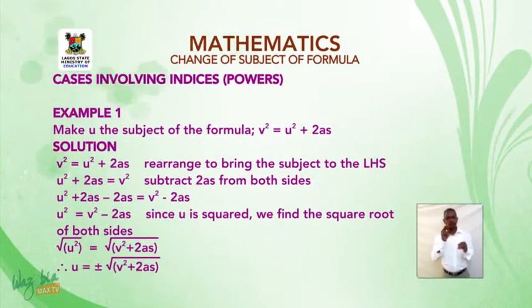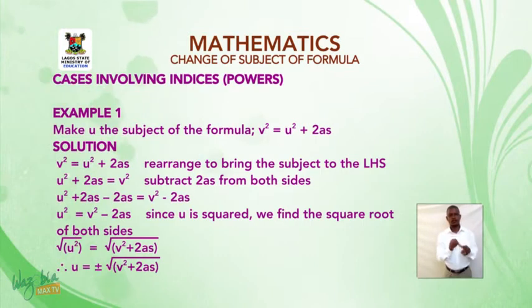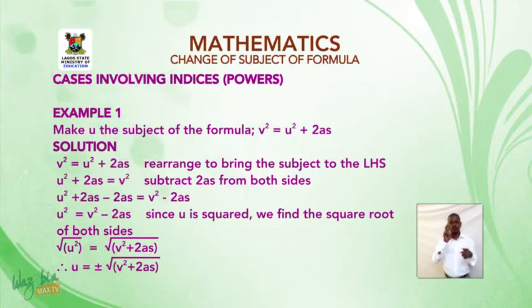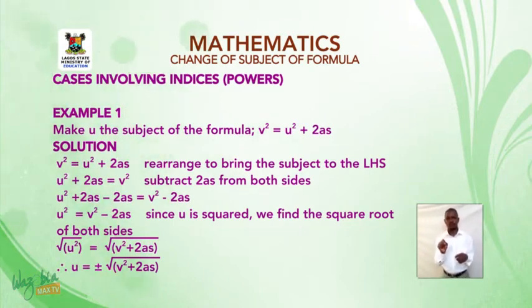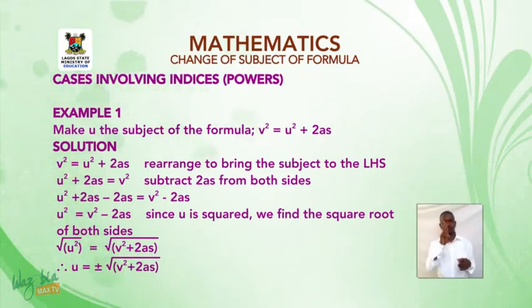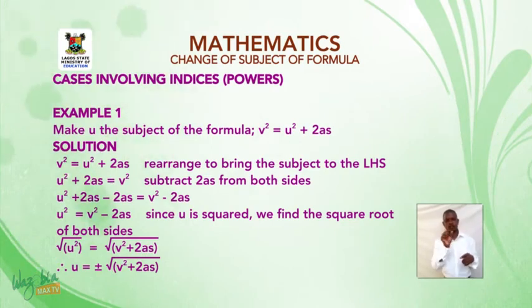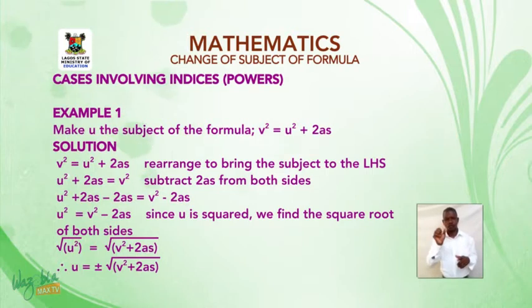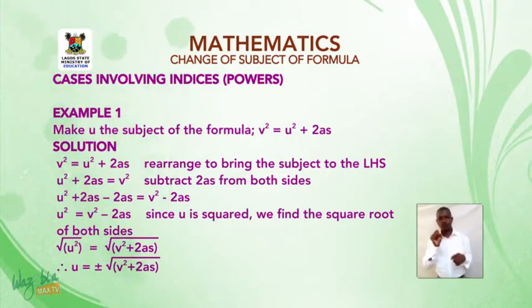Cases involving indices or powers. Example 1. Make u the subject of the formula v square is equal to u square plus 2as. Solution: v square is equal to u square plus 2as. Rearrange to bring the subject to the left-hand side. We have u square plus 2as is equal to v square.